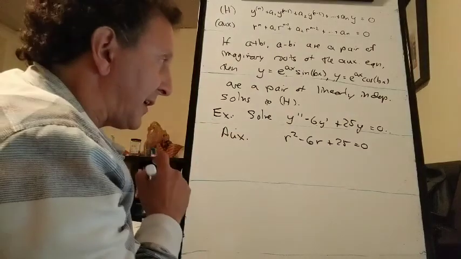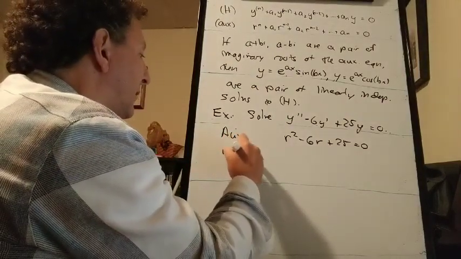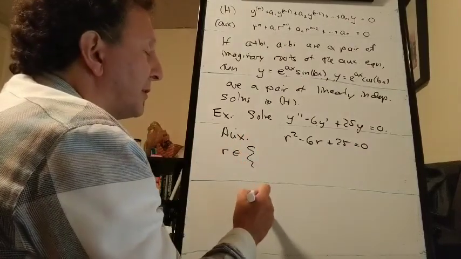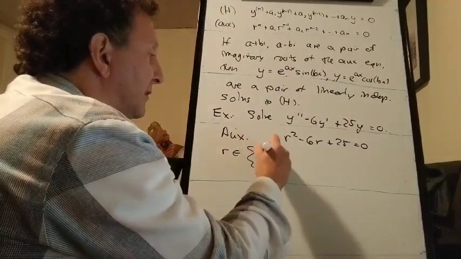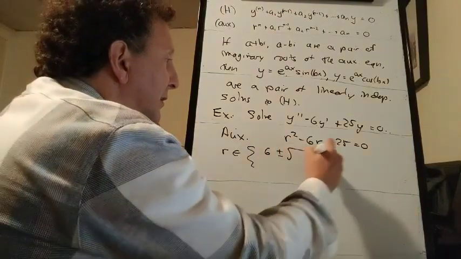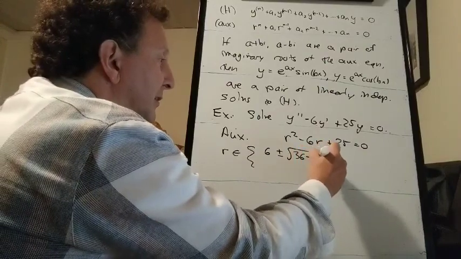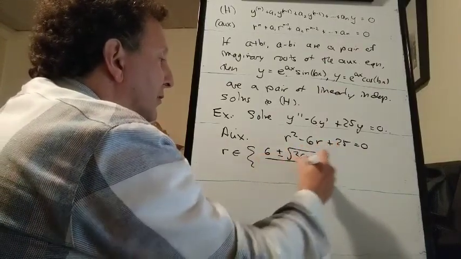I don't see how to factor that immediately, so we use the quadratic formula. r is negative b, so that's 6, plus or minus the square root of b squared, 36, minus 4ac, minus 100, all over 2a.